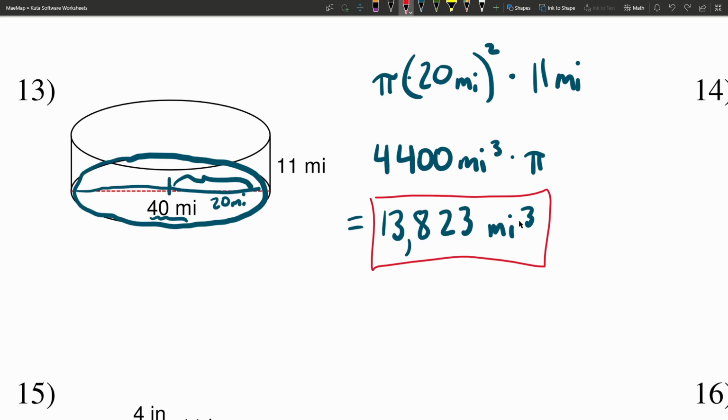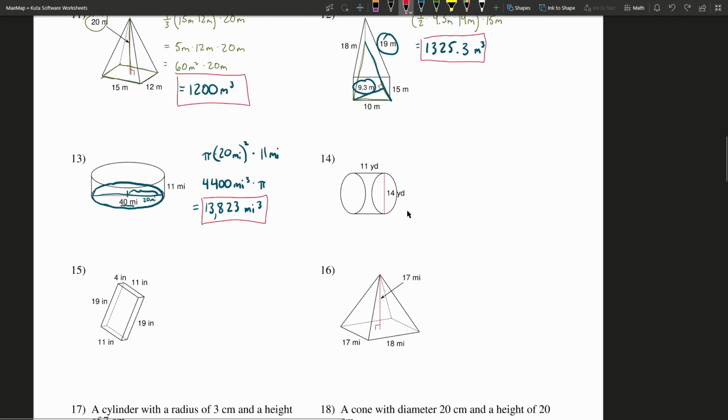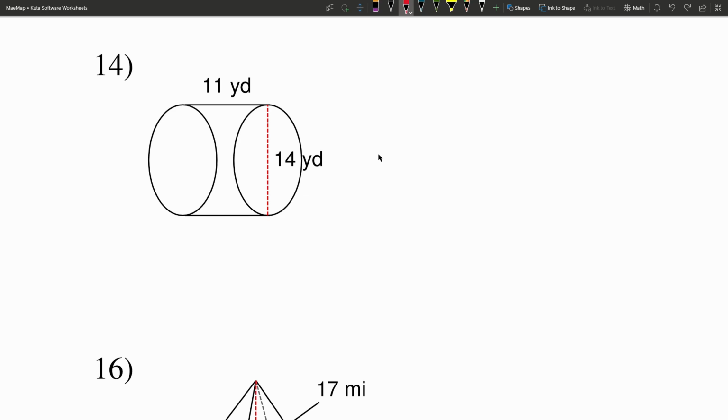Let's move on to number 14. Number 14, similar to 13, another cylinder. So we're going to have pi r squared, which if our diameter is 14, our radius, half of that, would be 7. So pi times 7 yards squared, all multiplied by the height of our overall figure, which is 11 yards.